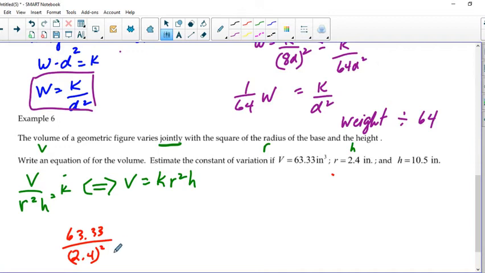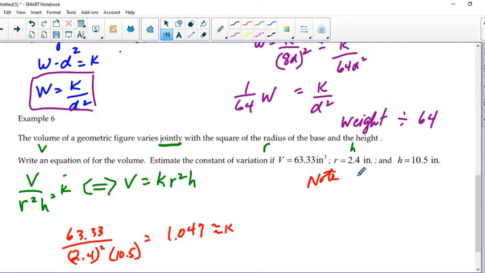And the height is 10.5. And what do we get? Well, you get 1.047. That's approximately k.